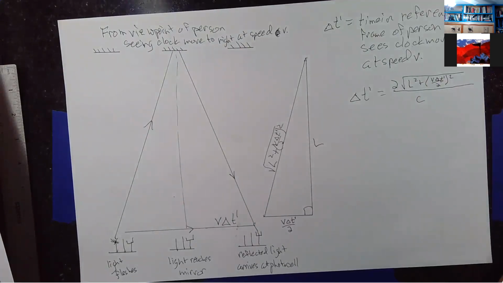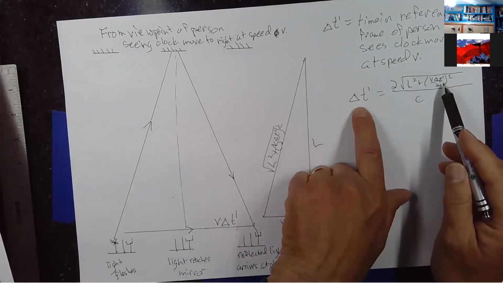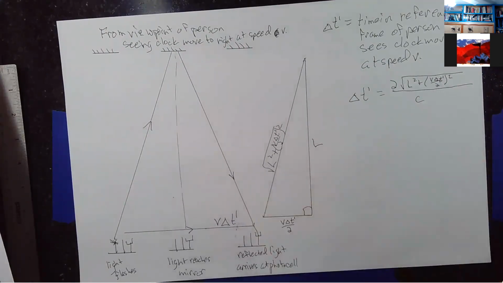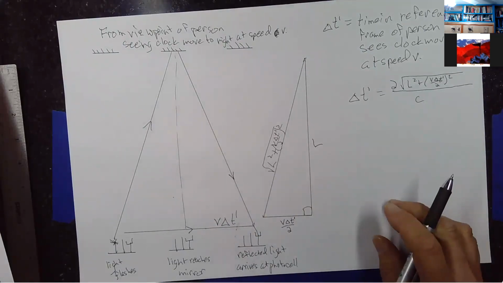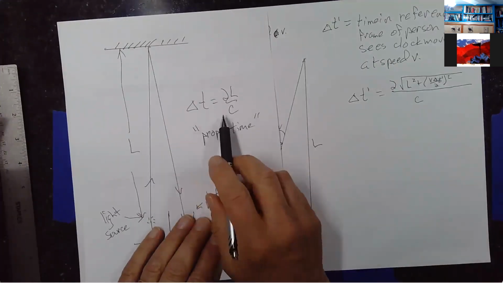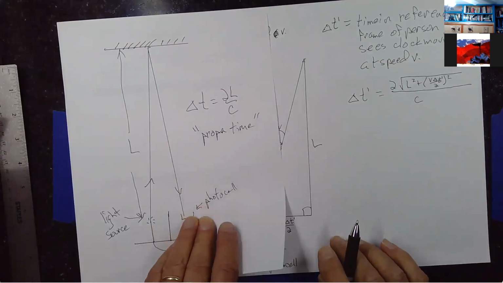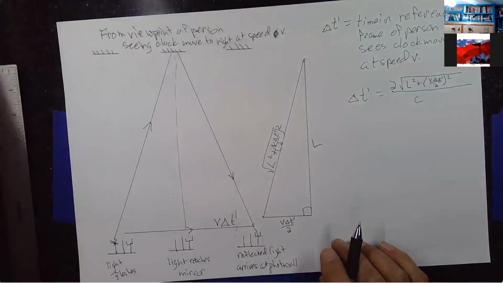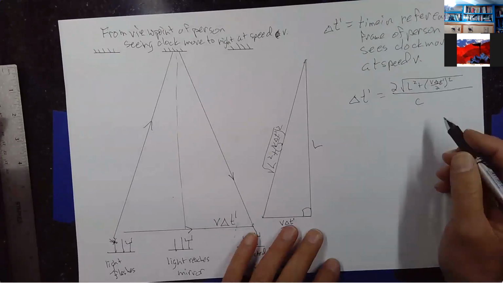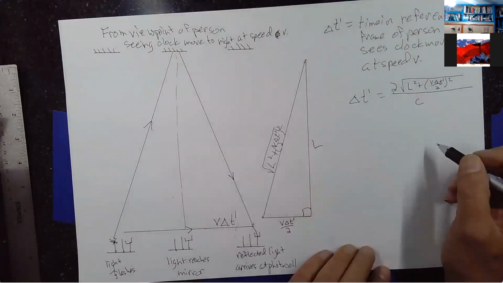Okay, well, we're going to do some algebra with this thing. We're going to try to isolate the delta t prime and solve for it in terms of other things. And so then we can compare that delta t prime to the delta t that we happen to have here and see how those two numbers compare with each other. Okay, well, let's see. I think the first thing I would do is maybe square both sides.